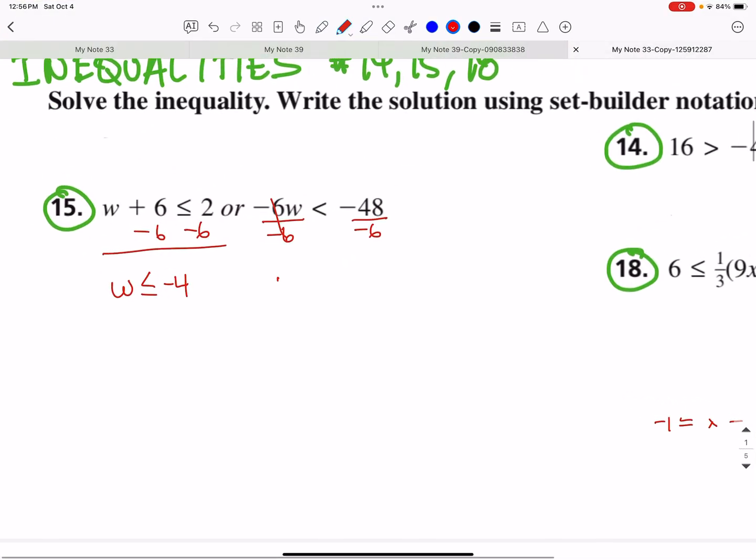My pen is not working. W is less than 8. So if we had negative 4 and 8, these are the ones that are bigger than 8 and the ones that are less than negative 4. So this is an OR.